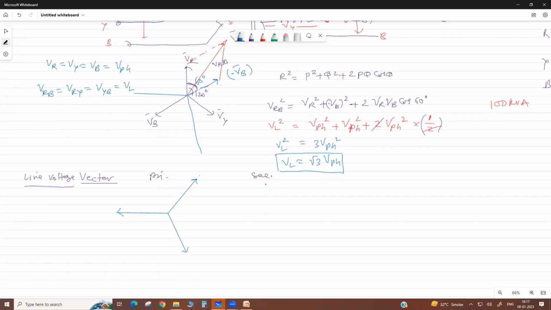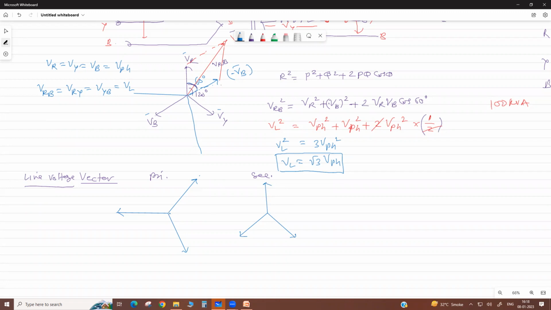On the secondary side, this is all three line voltages of the secondary side.